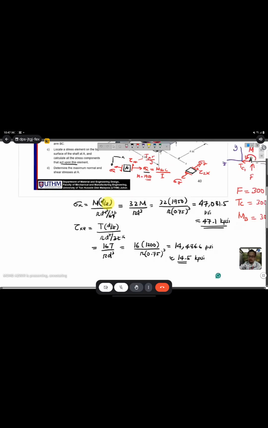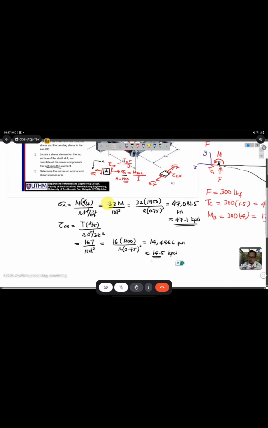Okay, so around 14.5 kpsi. So this will answer question C. This is the stress acting on the plane, and we call it plane stress. Sigma x because we have it on the x axis, and then we have tau xz because we have shear stress on the x and z axes. So we call this a plane stress.